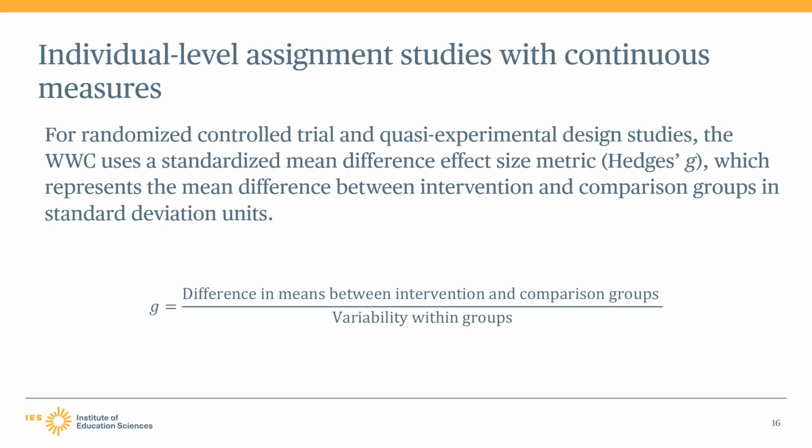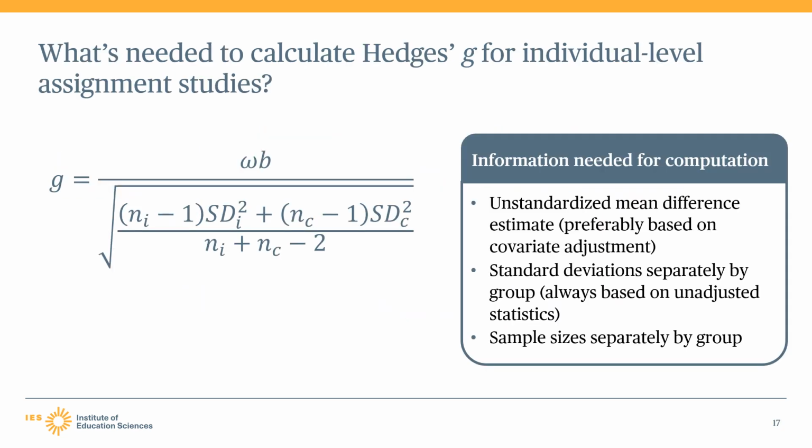For the same reason, the effect size allows the WWC to aggregate impacts across outcomes and studies to summarize evidence. This slide shows a general formula the WWC uses to calculate a Hedges G effect size.